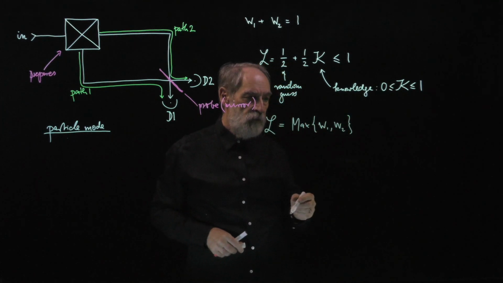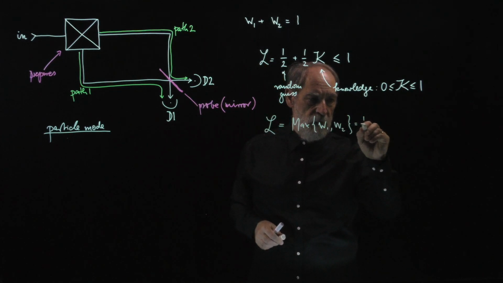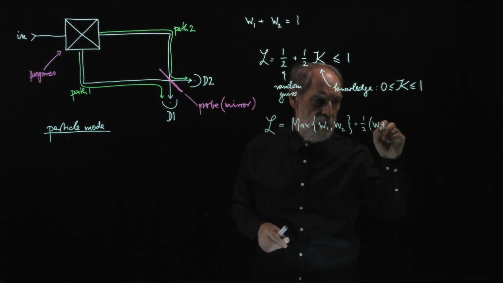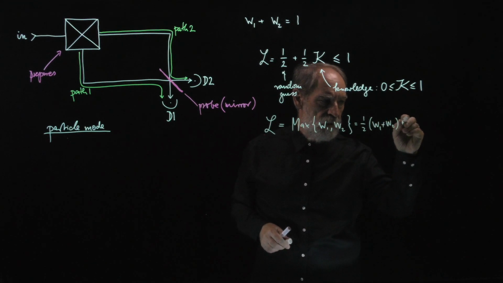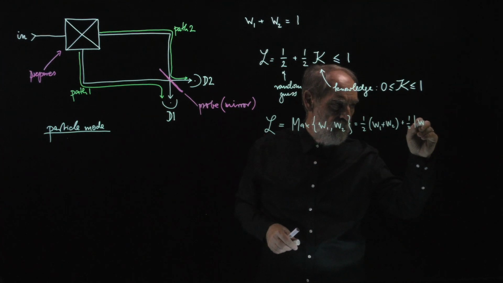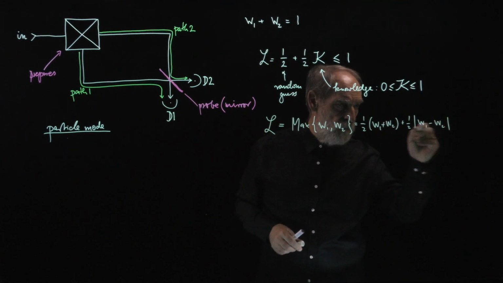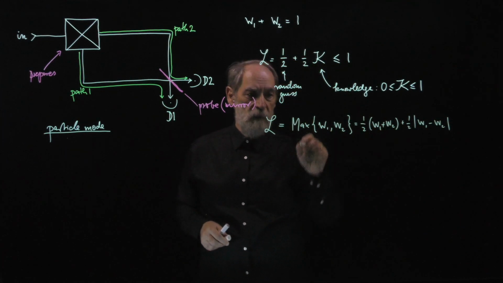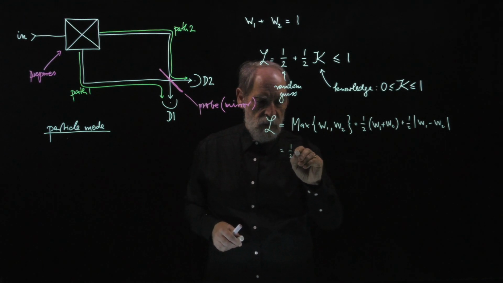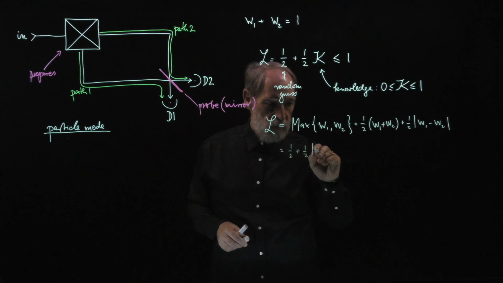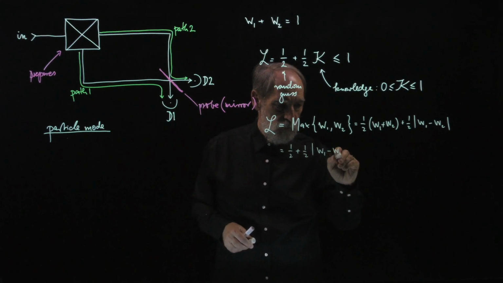And the maximum of two such numbers is simply the sum plus half the difference, the absolute value of the difference. Now the sum is 1, so we get half plus half the difference of W1 and W2.